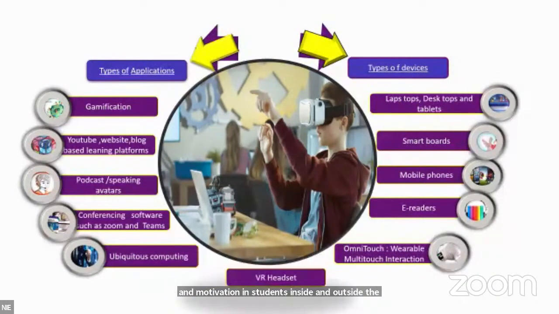Since emerging applications and technologies are becoming more readily available, it has also become easier for students and teachers to have access to the internet and other technological resources. Different English language learning applications and devices are utilized to learn English in numerous ways.